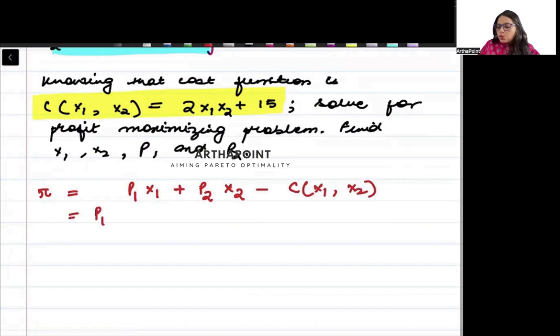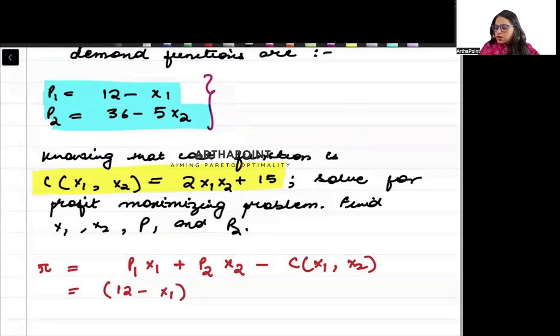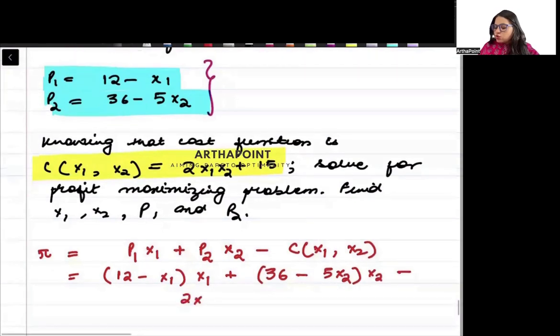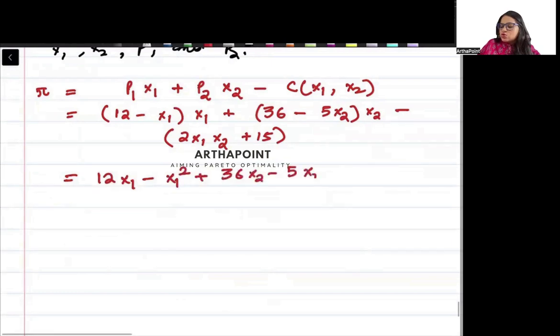So this is going to be p1 x1, so instead of p1 I will just replace 12 minus x1 into x1 plus instead of p2 I will write 36 minus 5x2 into x2 minus instead of cost function I will write down 2x1 x2 plus 15, right? So this will go ahead and become 12x1 minus x1 square plus 36x2 minus 5x2 square minus 2x1 x2 minus 15.